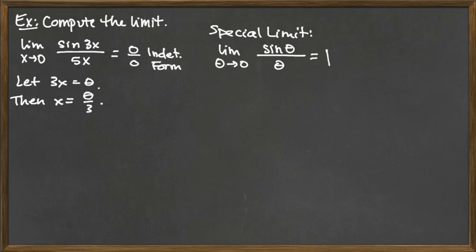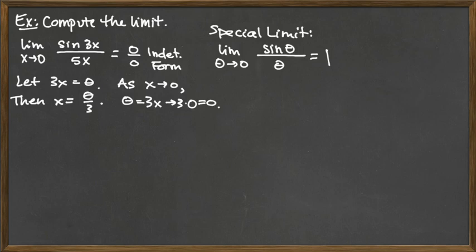Also notice that as x goes to 0, theta, which is equal to 3x, would go to 3 times 0, which is just 0.